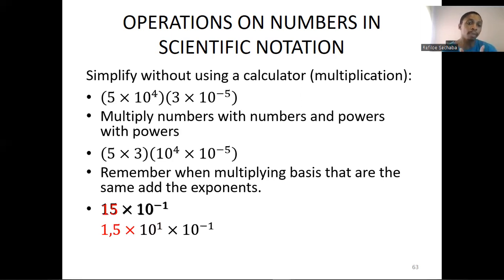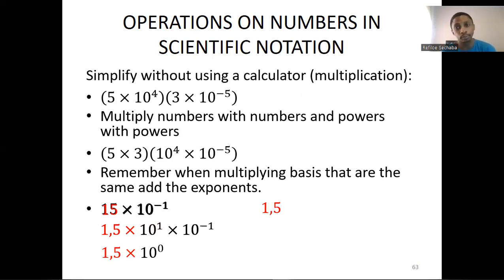Now, because I'm multiplying the bases that are the same, I'm simply going to add the exponents. My exponents will be 1 minus 1, which will give me 0. So I'll end up having 1,5 times 10 to the exponent of 0. That's how you write it in scientific notation, okay? Because 10 to the exponent of 0 is 1, I'll just be left with 1,5.